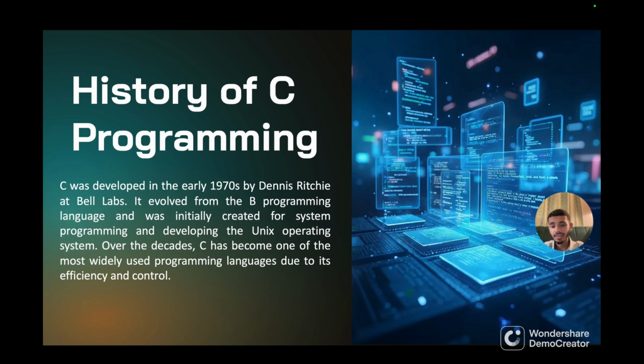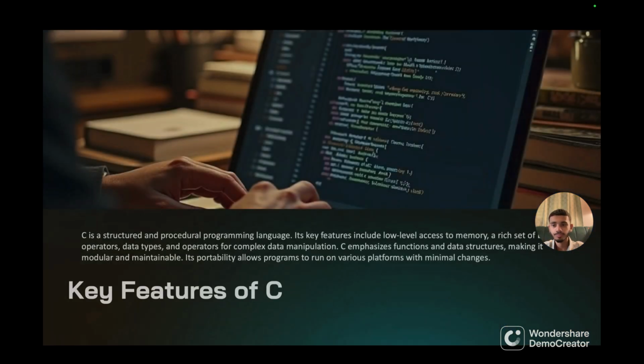In 1978, Brian Kernighan and Dennis Ritchie published the first edition of The C Programming Language, often called K&R C. Later, ANSI standardized it in 1989, giving us ANSI C. So this was about the history of C programming. Further on, we'll learn what the key features of C are.